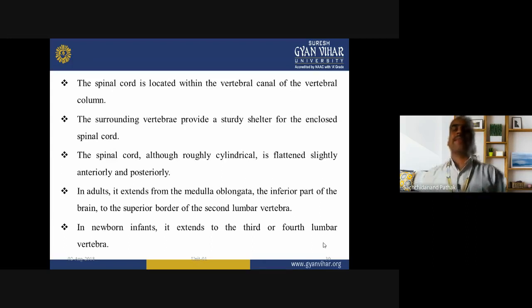So yes, the spinal cord is located within the vertebral canal, and the surrounding vertebral column protects the spinal cord, providing a shelter.